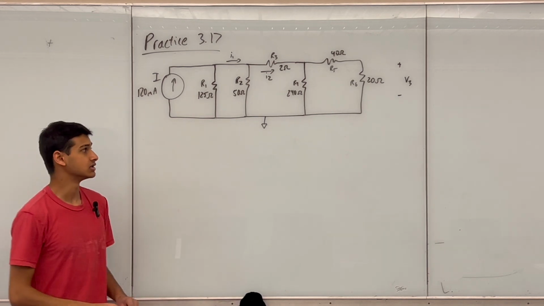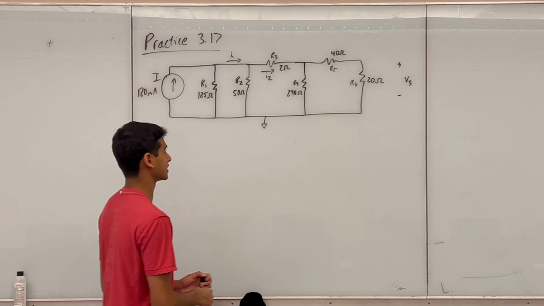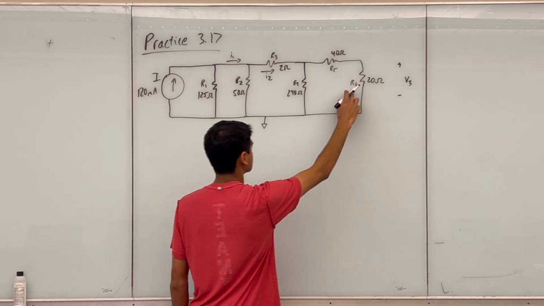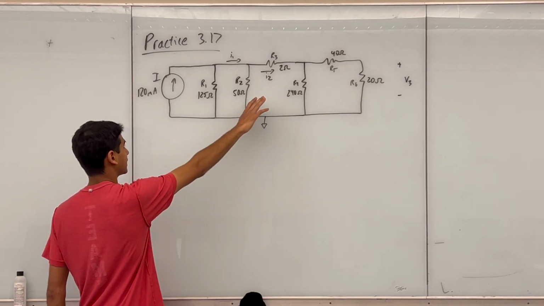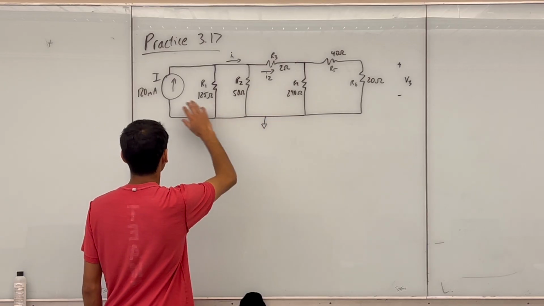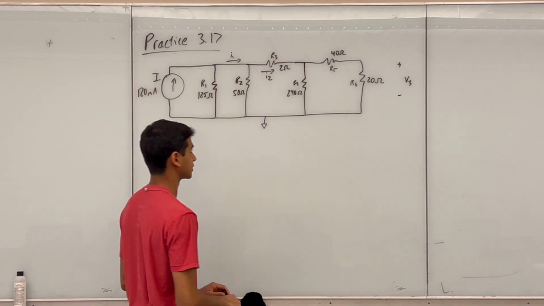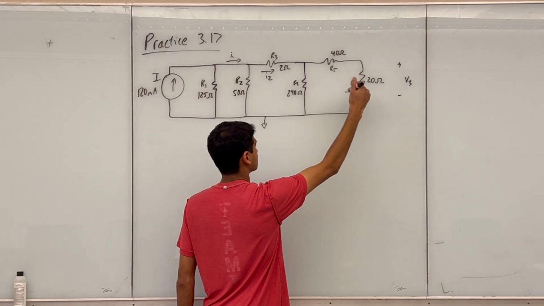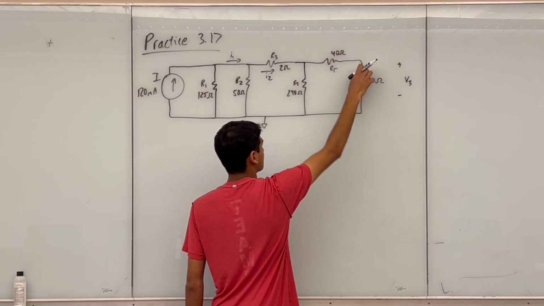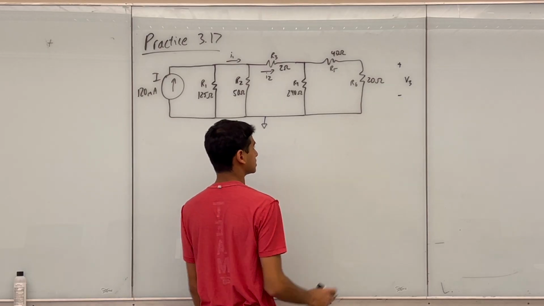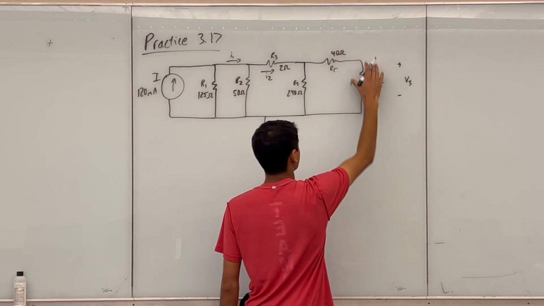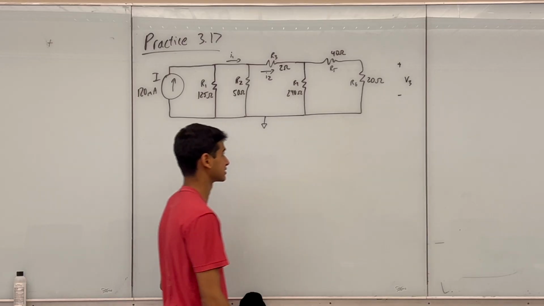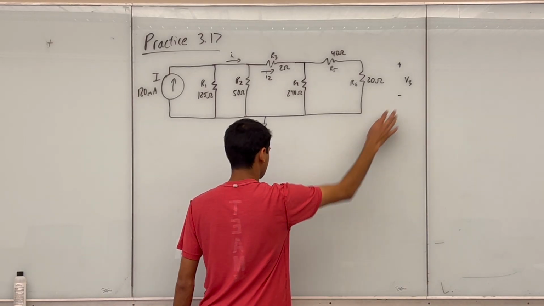And so the first thing I'll notice is that R5 and R6 are in series, and I like to write out all my values symbolically and then plug in numbers when I'm actually doing calculations. So the first thing we notice is that R5 and R6 are in series because the same current is going through both of these resistors. And so I'm just going to replace these two resistors with one series resistor, and I'll come back to V3 at the end.